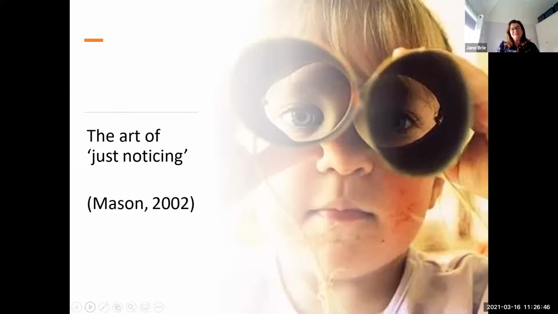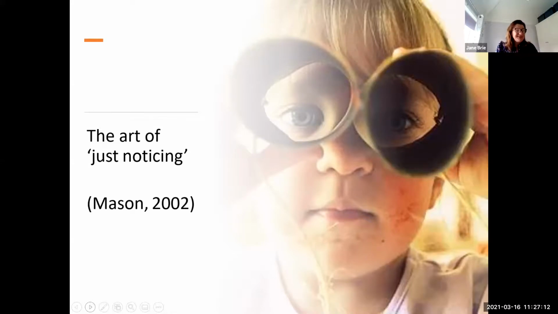And he refers to it as this art of just noticing. But actually, that's quite brief and sort of, oh, it's just noticing. But like I said before, there's much more to it. So I've put a chapter that you can get online through Google quite easily. If you're interested in having a look into his work that he's been doing since the 70s, do take a little look at that.